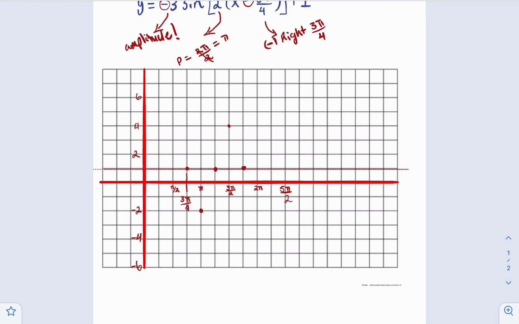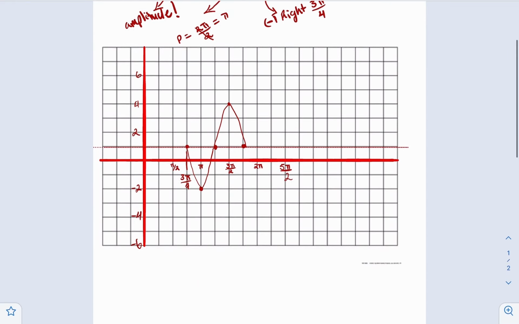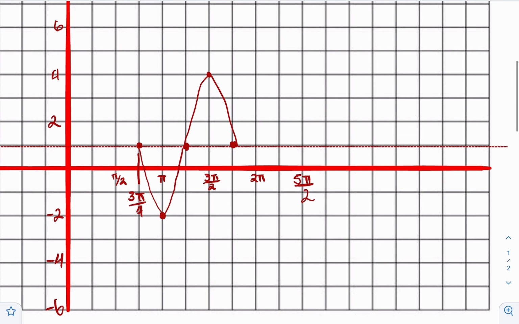Now, all you need to do is just graph. Since it says graph 2 cycles, we can just count boxes. And then go by the period 4 right here, divided by 2, just like I showed you, and go up.